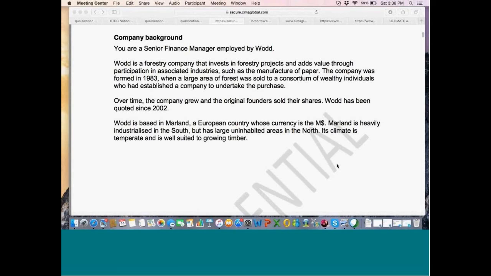All right. Now let's look at the case study. It's a 20-odd page case study, which is not bad. Let's very quickly look at the first section, the company background. There are some key things coming out of this page. The other thing you need to consider is to try to make notes as we go along.